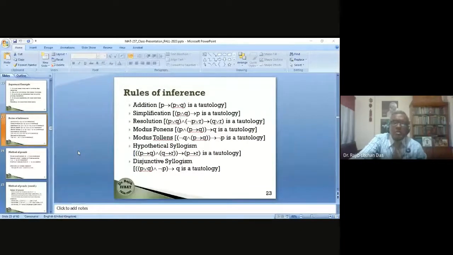The last S is not pronounced, so modus tollens. Modus tollens is not A and C implies A, like that. If it is in the fact, then what will be your decision? Your decision will be not C.